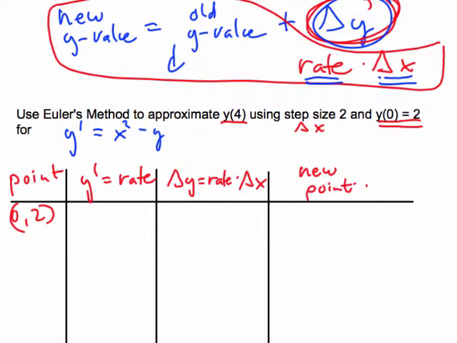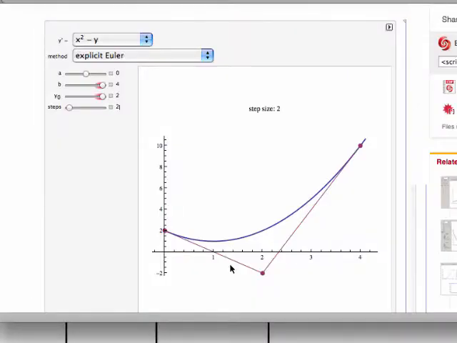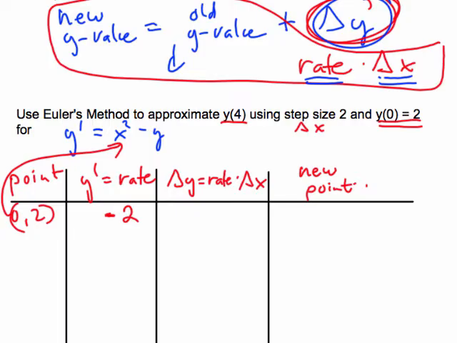So I'm at (0, 2). If I plug 0 and 2 into the derivative for x and y, I get my rate to be negative 2. So my slope is negative 2 here, and I'm going to follow the negative 2, down 2 over 1, for 2 units. So my change in y is going to be negative 2 times 2 units, which is negative 4.